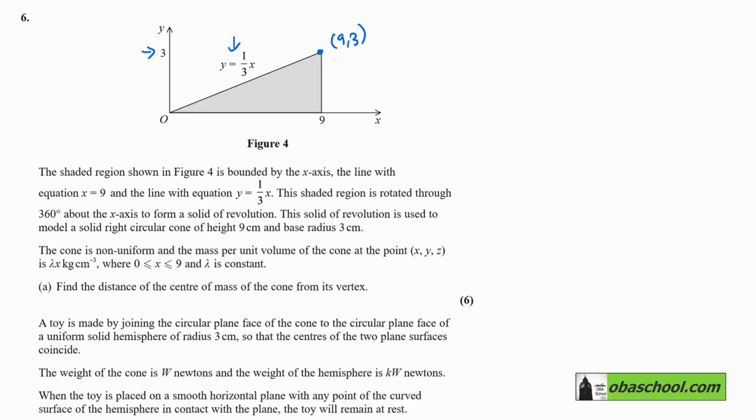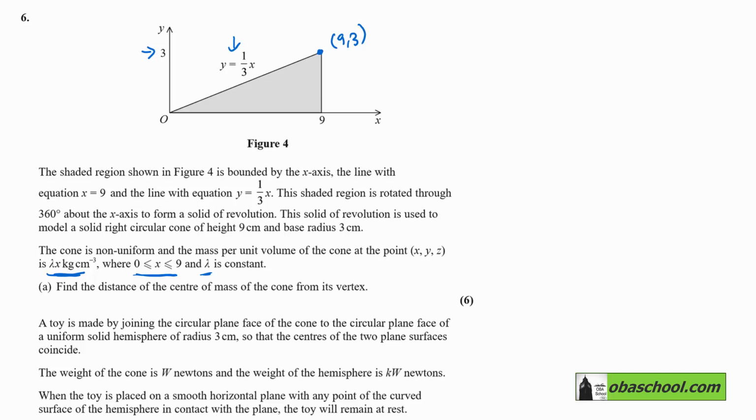The cone is non-uniform, and the mass per unit volume of the cone at the point (x, y, z) is lambda x kilograms per cubic centimeter, where x is between 0 and 9, and lambda is a constant. We need to deal with that non-uniformity when we do our integrals.